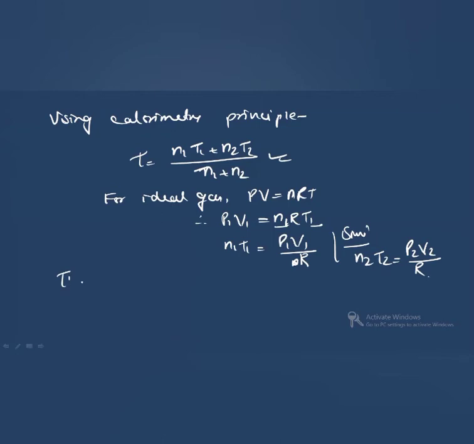Now, for the final equilibrium temperature, in the numerator you can write P1 V1 by R plus P2 V2 by R. In the denominator you write the value of N1 from this, which is P1 V1 by R T1 plus P2 V2 by R T2.